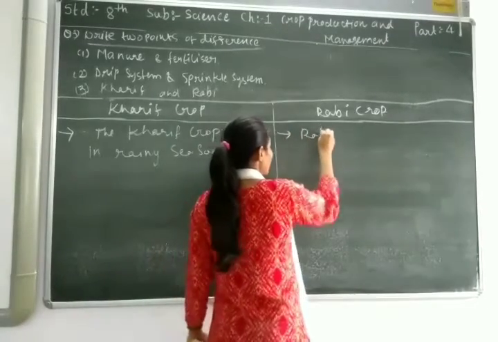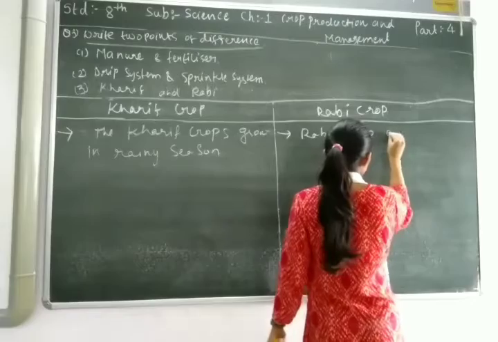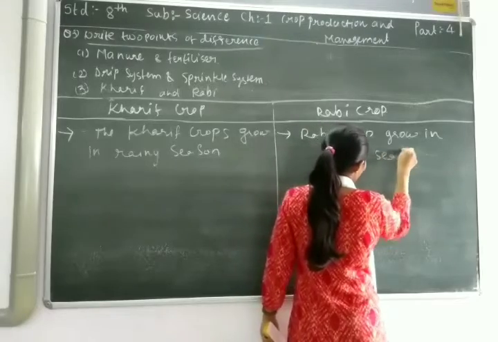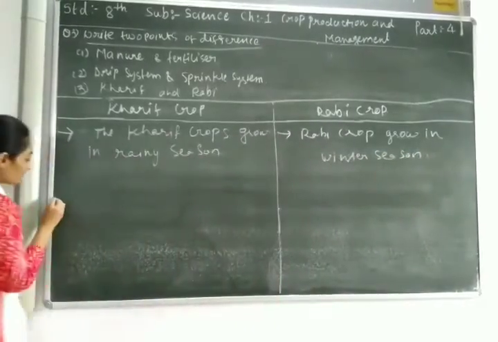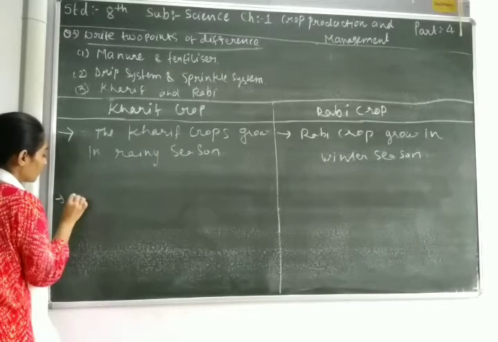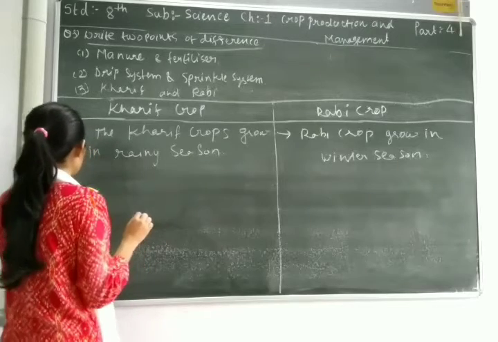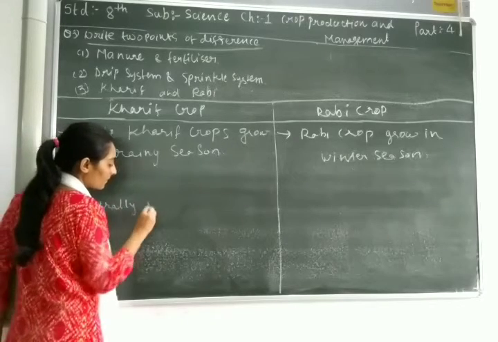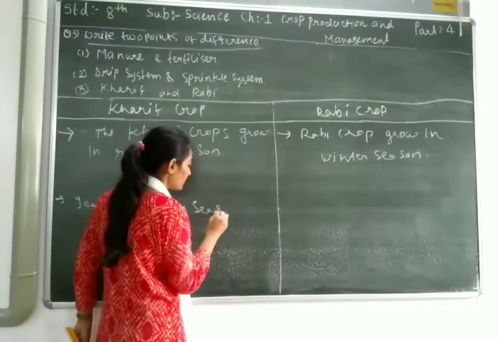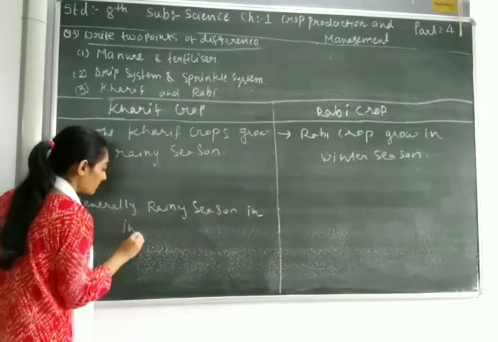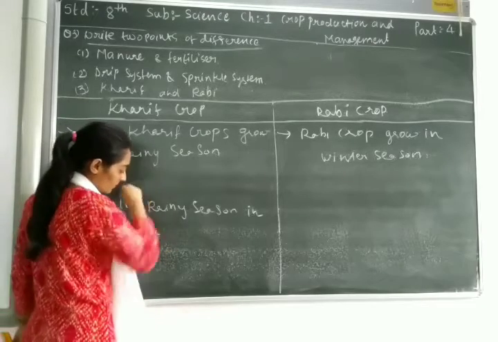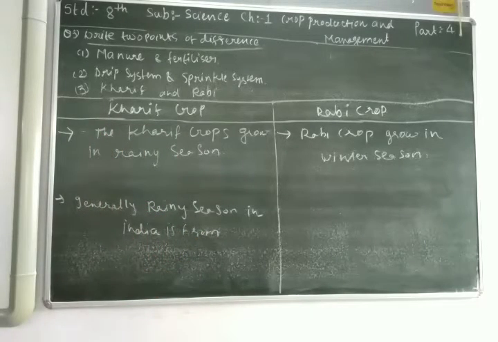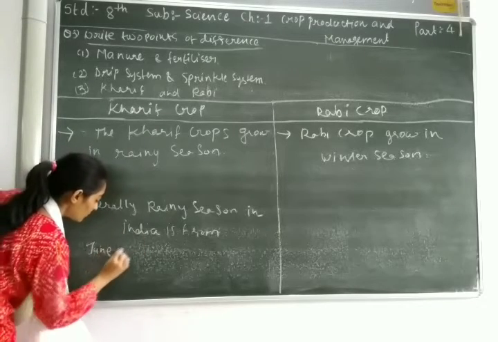So this one is in a winter. Okay. Generally, the rainy season in India is from June to September.